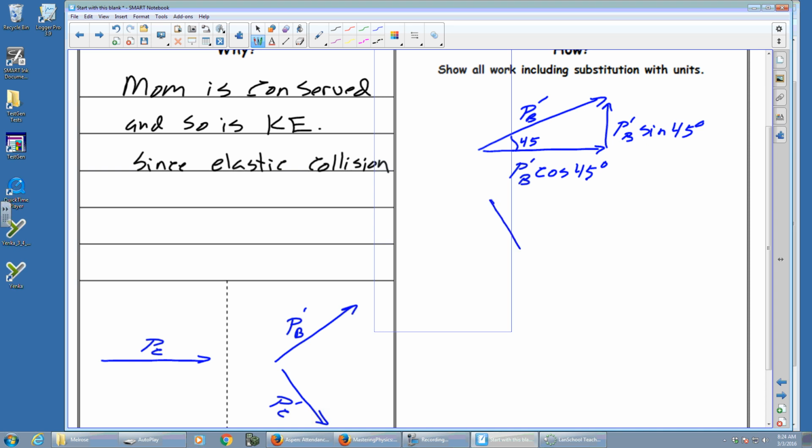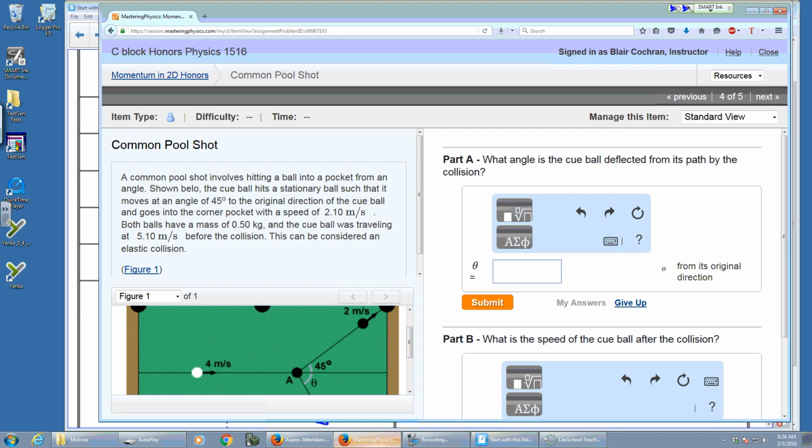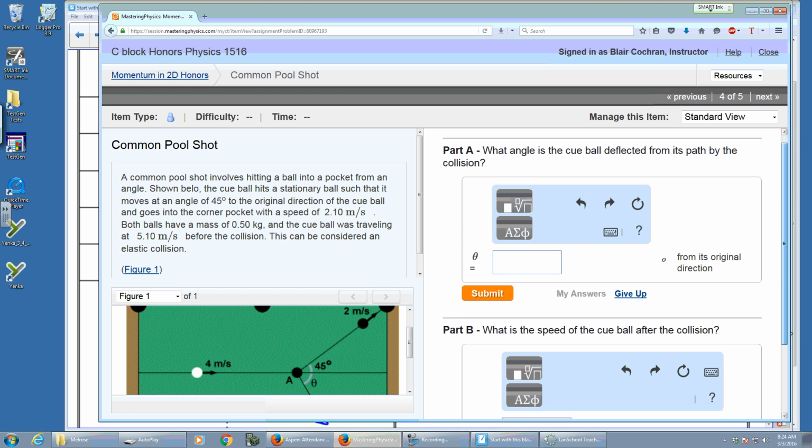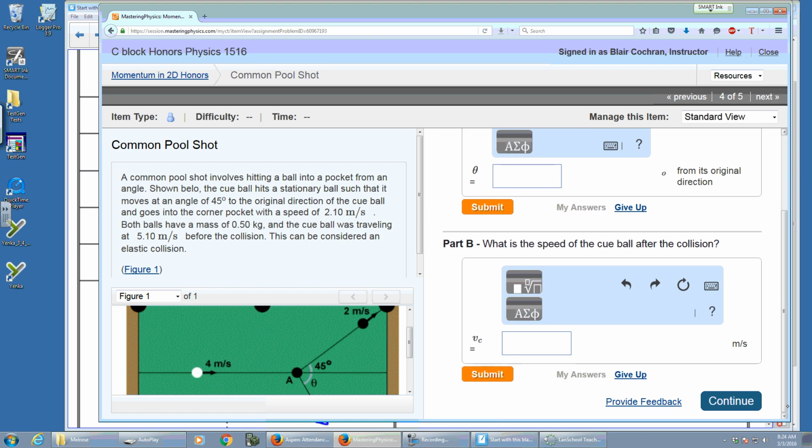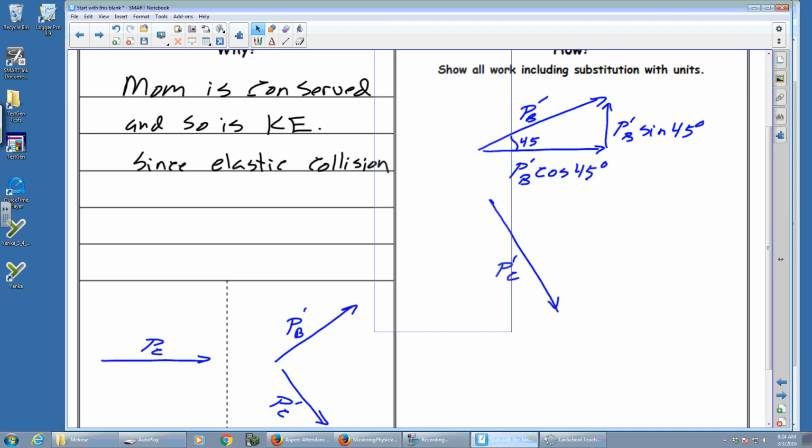Then you can also do the components of the cue ball afterwards. They asked me to find what angle the cue ball is deflected from its path by the collision, and what is the speed of the cue ball after the collision. So I'm going to do components in this direction of this vector.